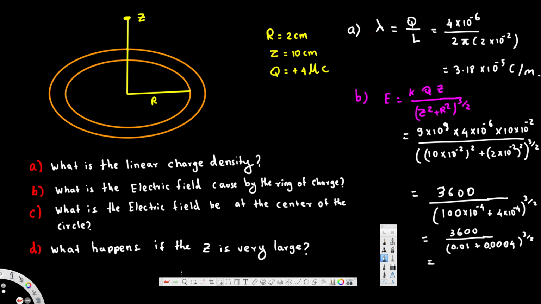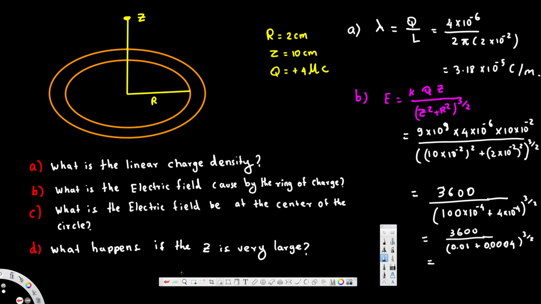Now let's calculate this one. 3600 divided by (0.01 plus 0.0004) powered by 1.5, right? 3 by 2 is 1.5.